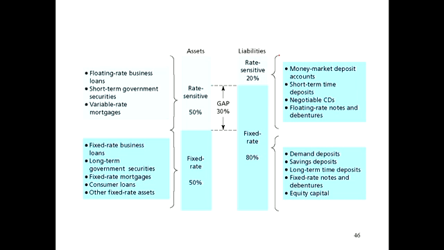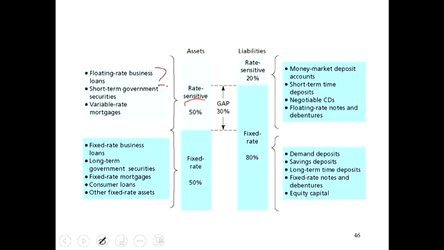Now, this is a rather simple diagram of basically what we're looking at. So again, we're looking at the assets and liabilities, both sides of the balance sheet there. And things that would be rate sensitive in this group here, something like a floating rate loan. So basically a floating rate, you can review that at any point. So that's rate sensitive.